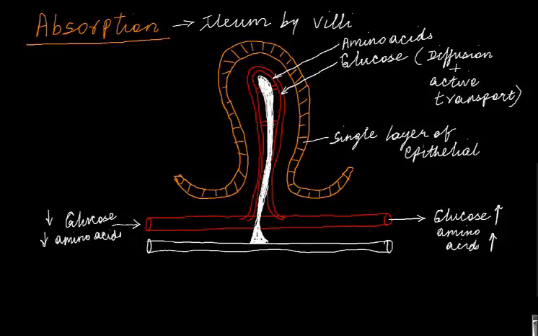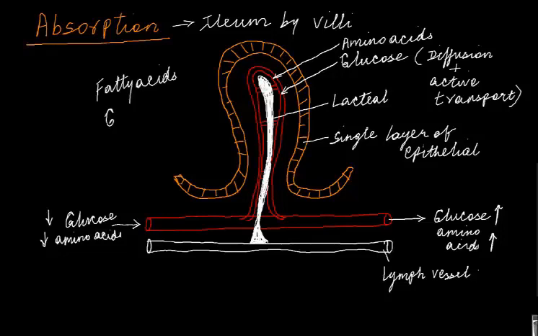So here these are in a lower concentration. Is it clear? Now, this structure in white is a lymph vessel, and the lymph vessel will give rise to some structures called lacteals, and the lacteal is going to absorb the fatty acids and the glycerol. So the fatty acids and the glycerol don't go into the blood, but they go into the lacteals, and then they're carried away by the lymph vessels.